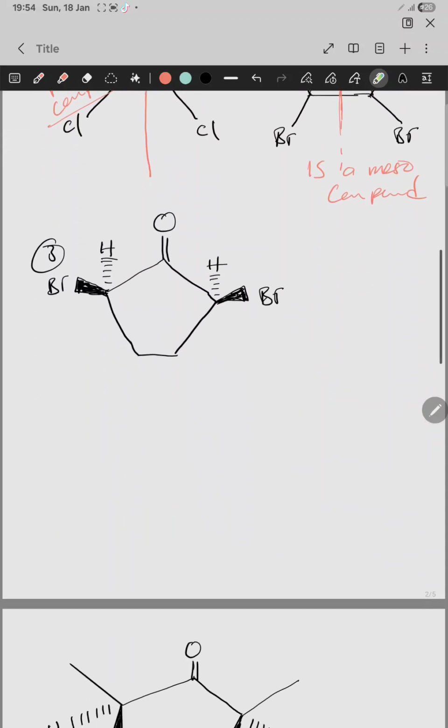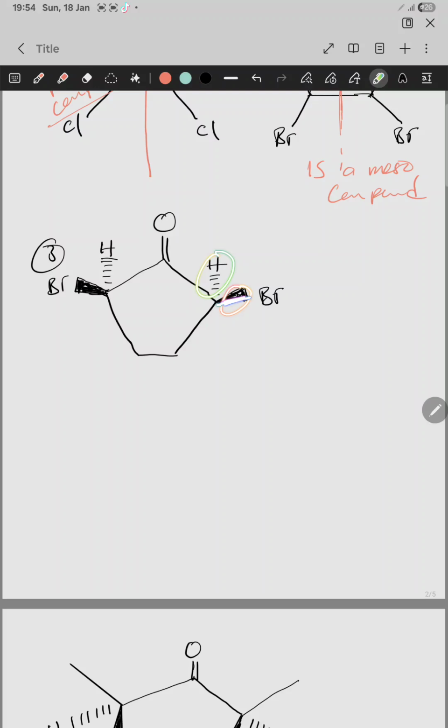All right, coming to this other one here, which is 3, let's check, can this compound be termed a meso compound? Yes, this compound is a meso compound. Let's see. Remember here I've used the wedged bond and the dashed bond.